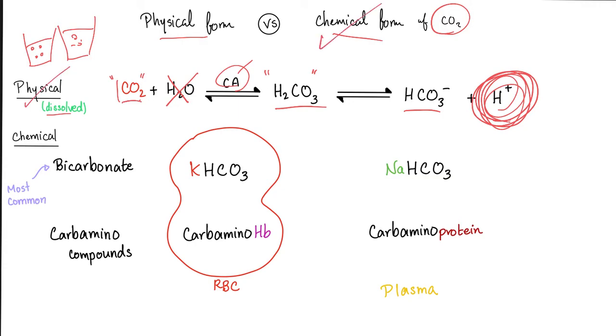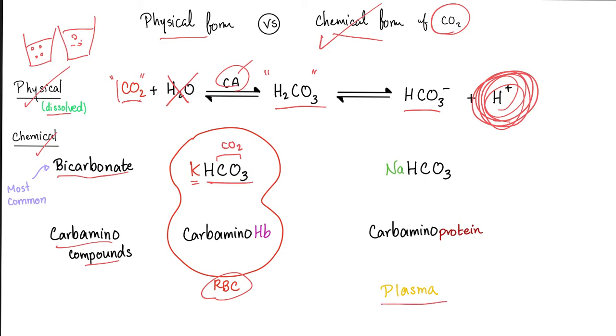The chemical form is either bicarbonate or carbamino compound. It depends on your location. If you are located in the red blood cell, you will have potassium bicarbonate, and this potassium bicarbonate is the one that includes the CO2. You see CO2 here within this compound? Yes.